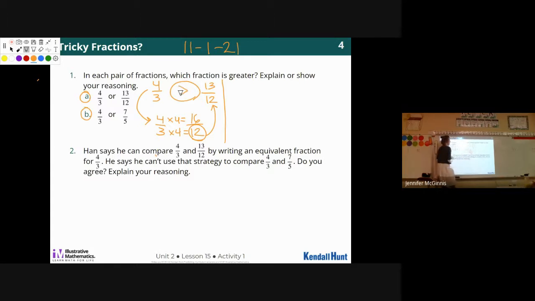That's right. And earlier today, I had a pretty heated debate with a student about drawing pictures. I want to show you this because my discussion with him was pretty fruitful. If I'm going to draw 4/3, I'm going to draw it like this.